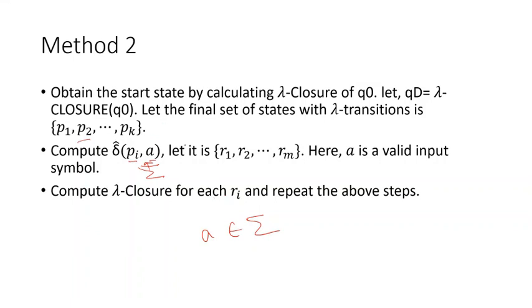After getting this input, we can reach m states from Pi. Let's mark these as R1 to Rm. In the next step, we have to find again the lambda closure, which is accessible from any of these states. Then we repeat these 3 steps again until we exhaust all the lambda transitions.